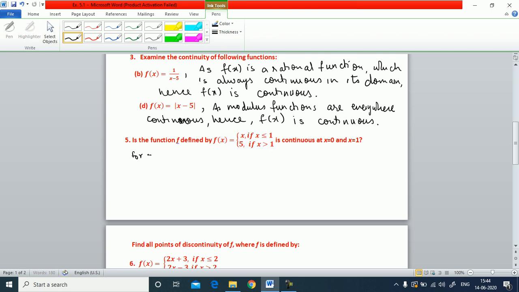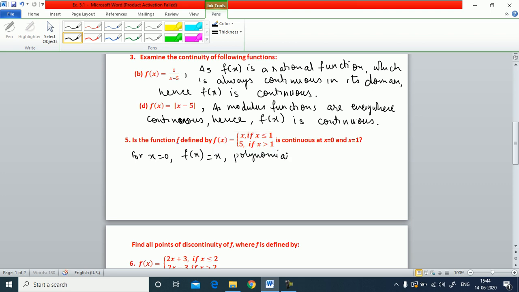Okay, so for x equal to 0, we will first see how the function is defined for x equal to 0. 0 is less than 1, and every time x is less than 1, f(x) is to be taken as x. So for x equal to 0, f(x) is x. And what is the nature of the function? Polynomial function.